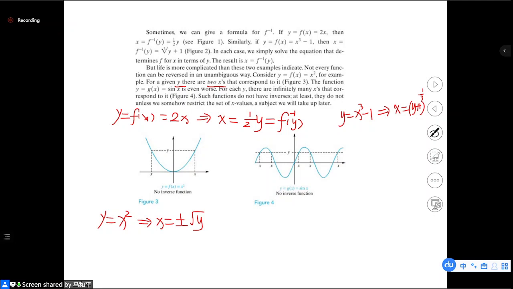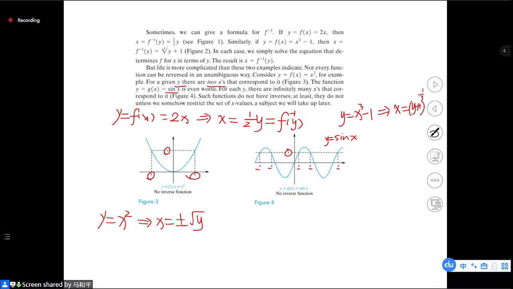For the function y is sin x, the situation is even worse. Given one y, we can output infinitely many x.